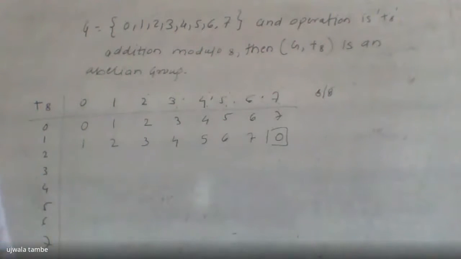Similarly, we have to find out the further ones. So is it possible for you to fill up the remaining table? Please write down in chat box. You just have to take the addition of the row and particular column and divide it by 8 and write down the remainder. Do not write down the question.